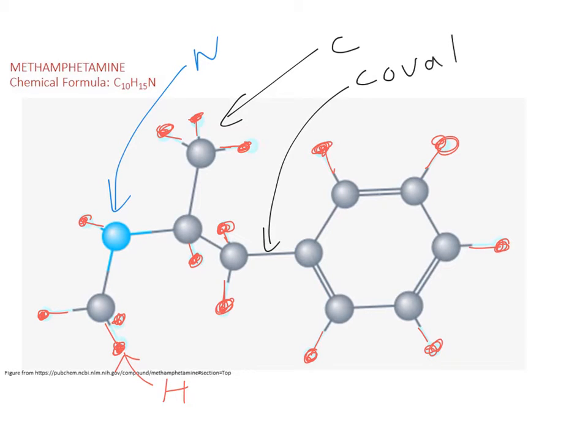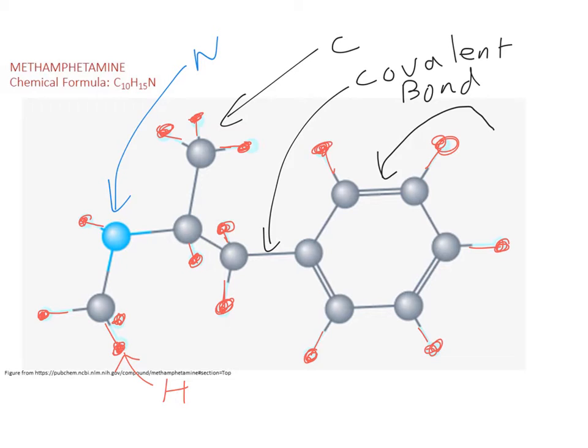And remember, a covalent bond is a shared pair of electrons. You'll notice that we have 2 lines right here. Line here, line there.